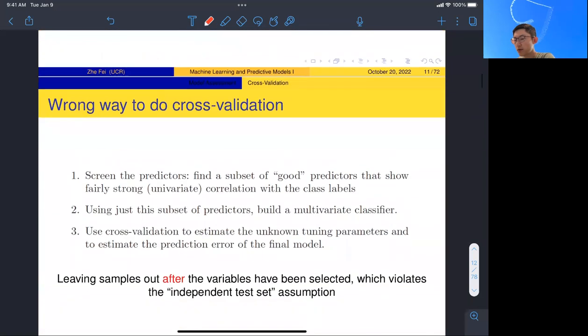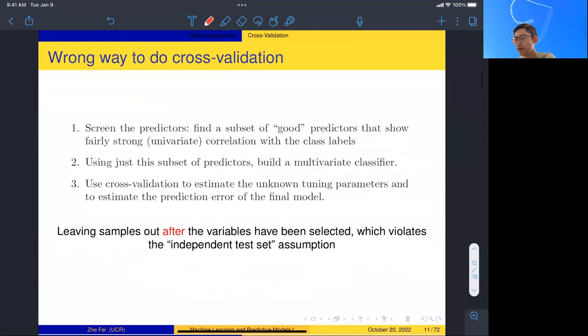Leaving samples out after the variables have been selected, after the screening, violates the independent test set assumption. In other words, your validation step is not independent.